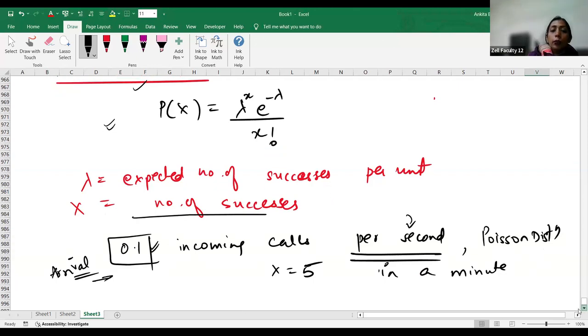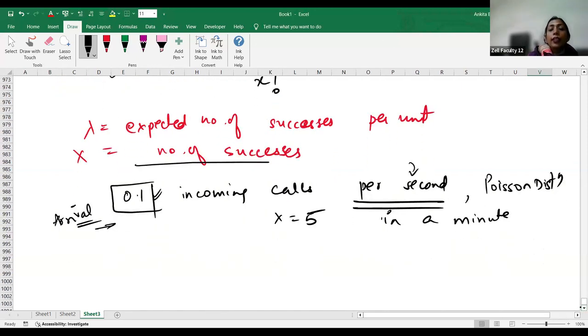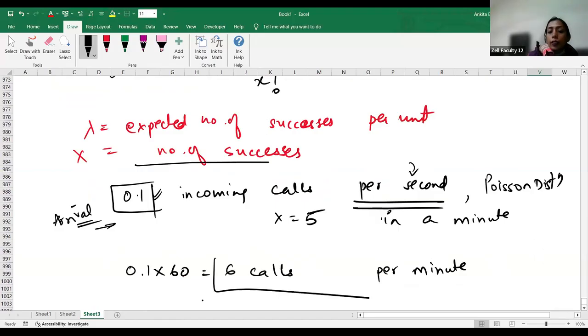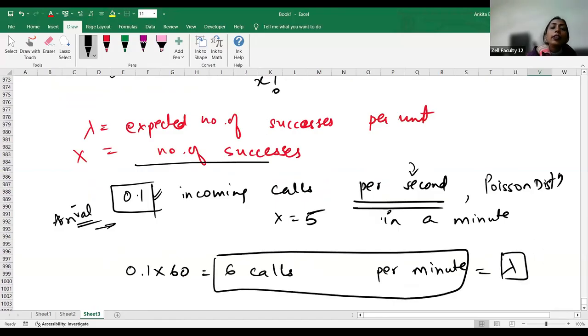Then how much would be per minute? 0.1 into 60, that would be 6. So I'll have 6 calls per minute. This 6 calls per minute is my arrival rate denoted using lambda. So lambda is also known as the arrival rate.